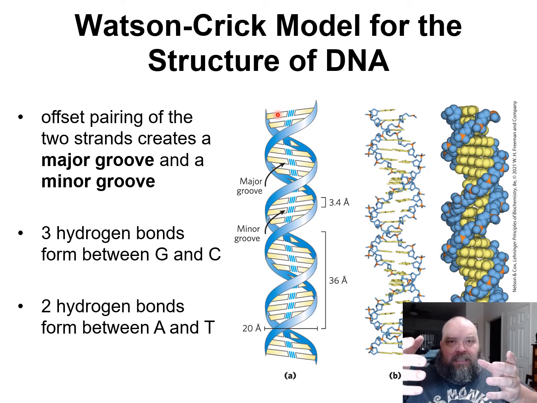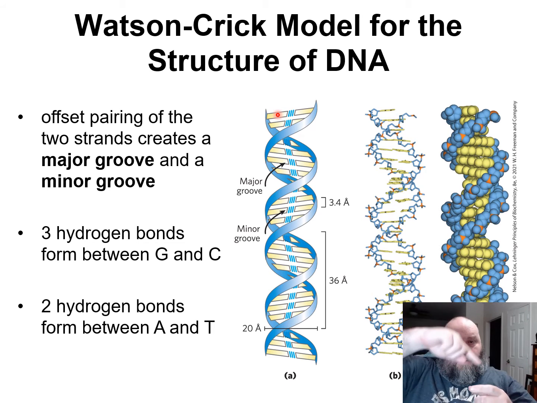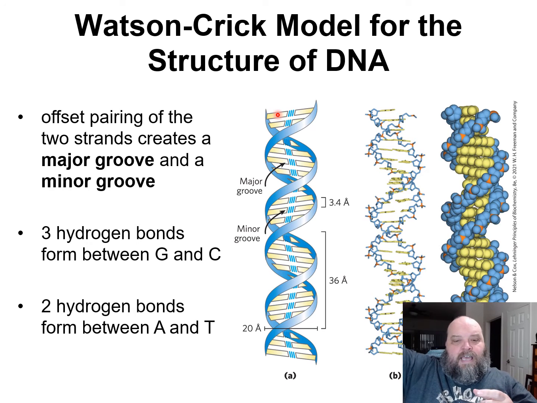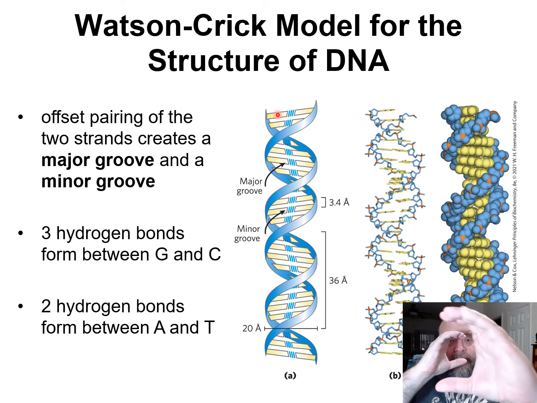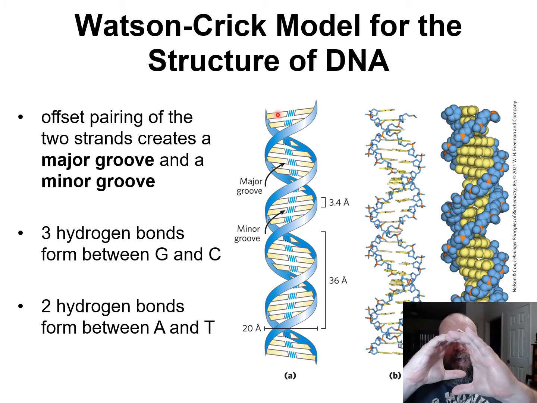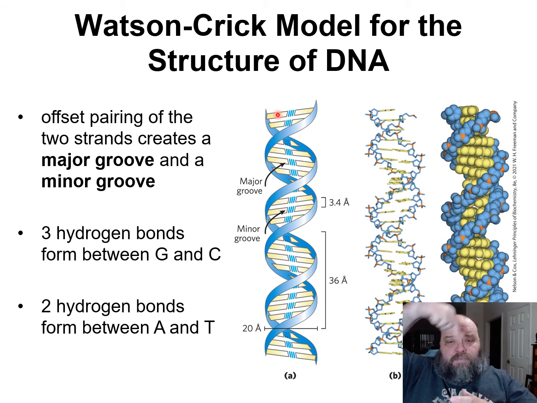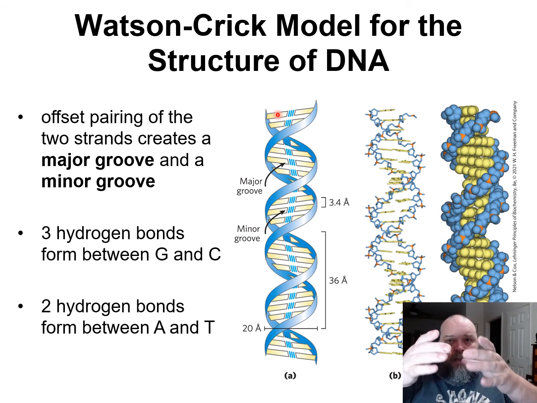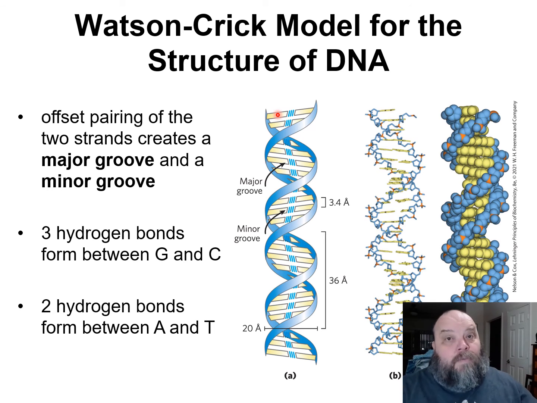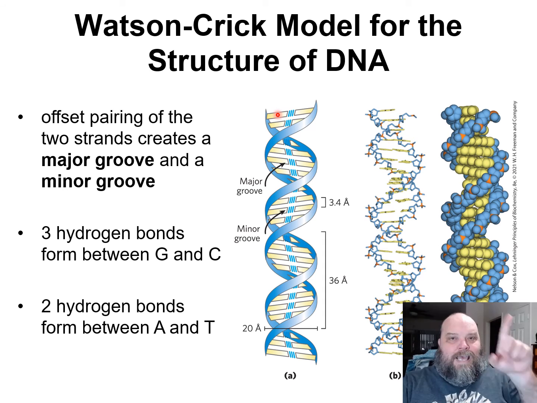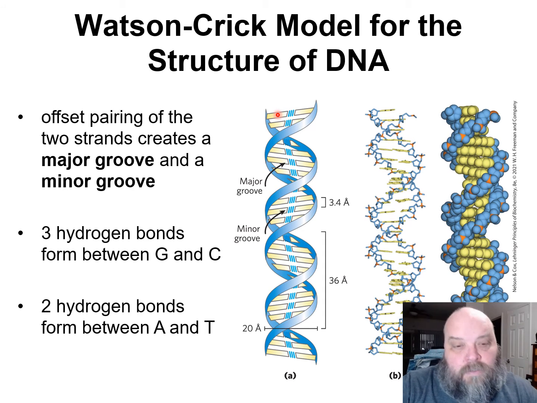If you were to take that ladder and not twist it, but wrap it around a flagpole, and then look at it end on, what you would have is a circle where the risers had wrapped around the flagpole. And when you looked at it end on, the rungs, the nitrogenous bases, are going to form this X pattern in the center.